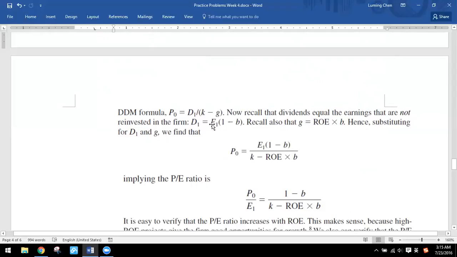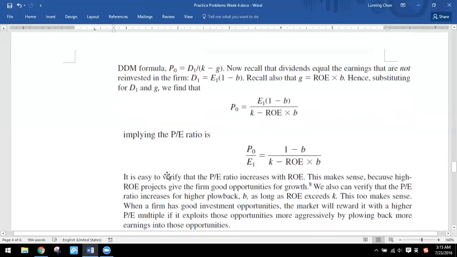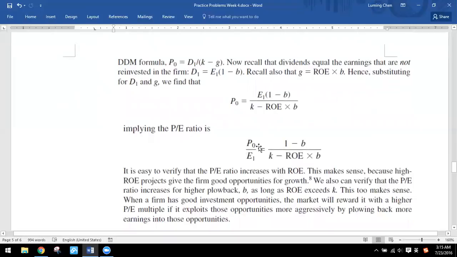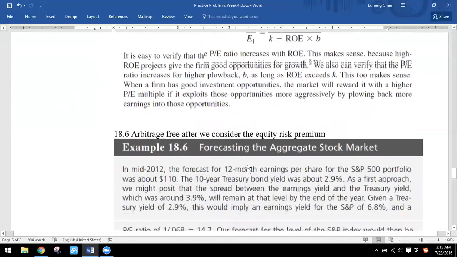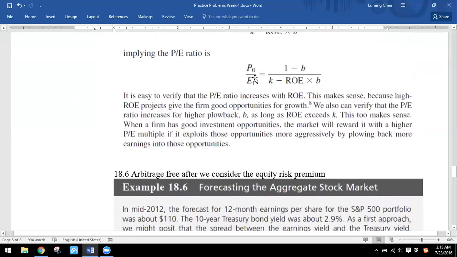So if we substitute those two elements into the constant growth model, we will get the equation of the PE ratio. This is quite important because in valuation, we always use this ratio as the multiple we base on in stock valuations.